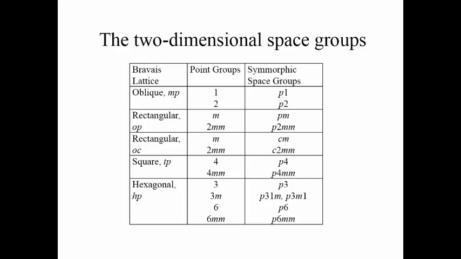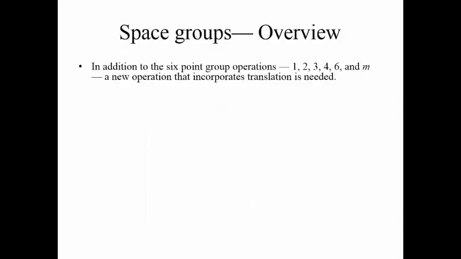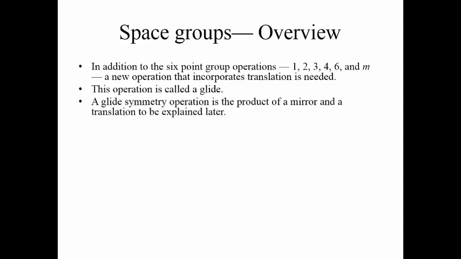So that gives us our 13 symmorphic space groups, and so we have our 6 point group operations, and these are the cyclic groups, and a new operation is needed that includes translation, and we're going to call this a glide, and it's the product of a mirror and a translation.